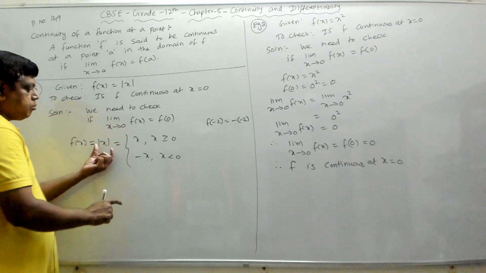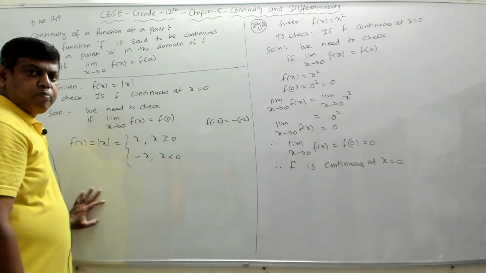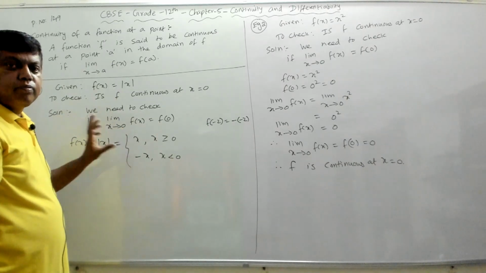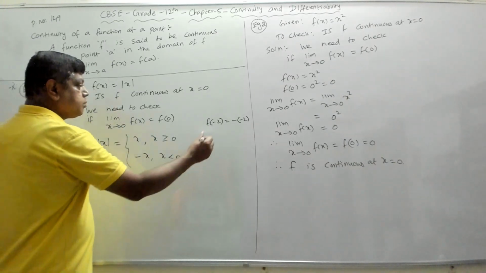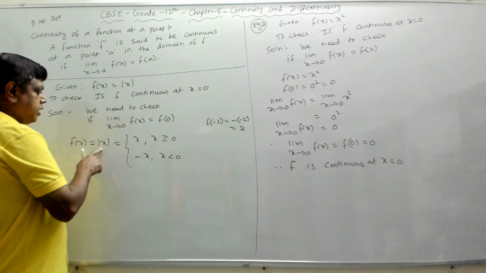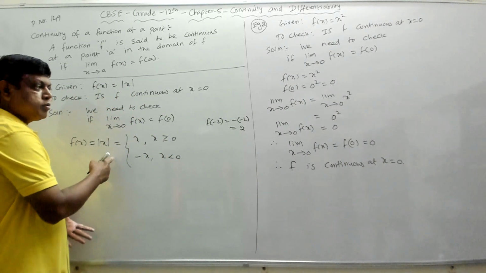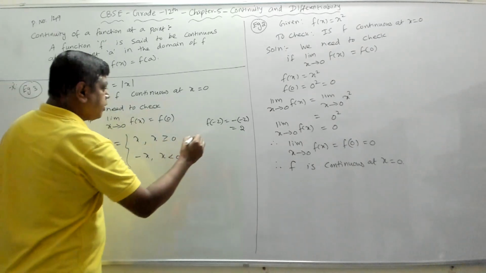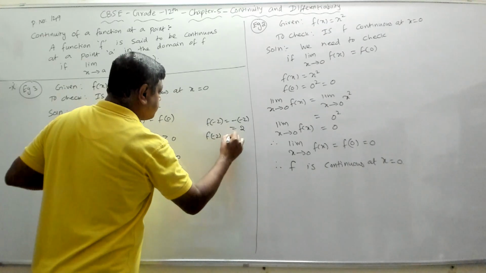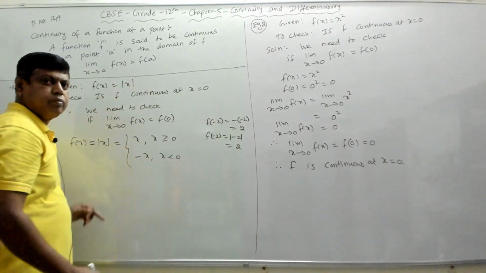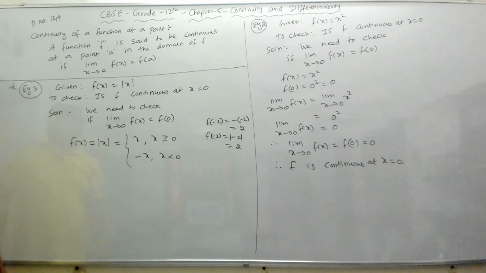So these two are the same function. Mod x can be written in this form. So the first step is you need to write the mod in this form. So this becomes 2. So f of minus 2 is 2. Even if you find f of minus 2 here, you'll get mod of minus 2, which is also 2. Mod of minus 2 is 2.